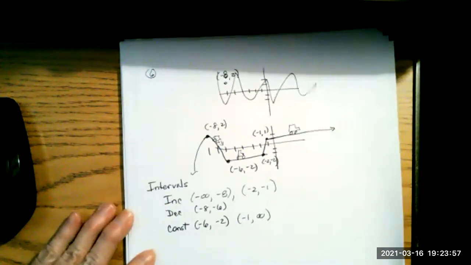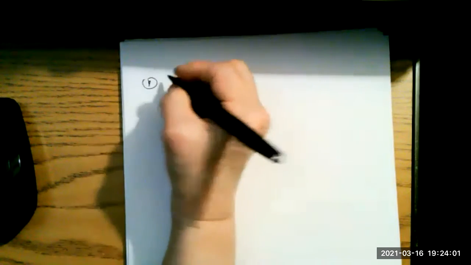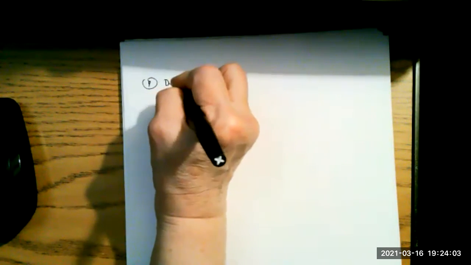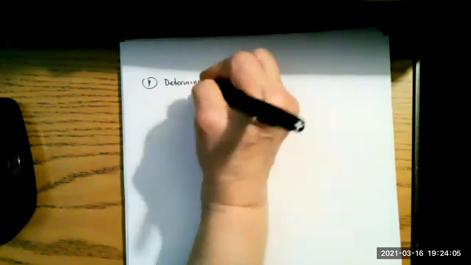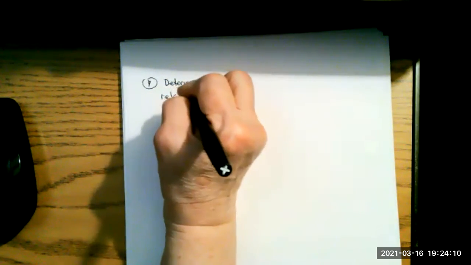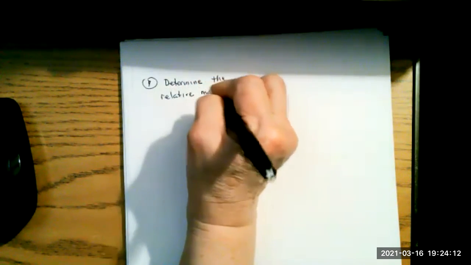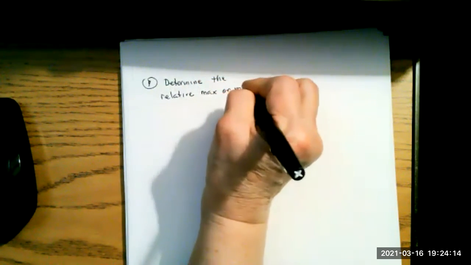All right, let's try something different. Number 7 is determine the relative max or min and the intervals.